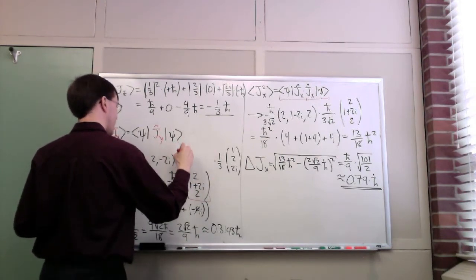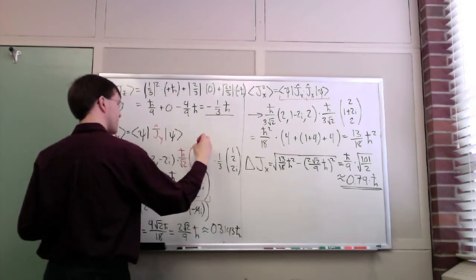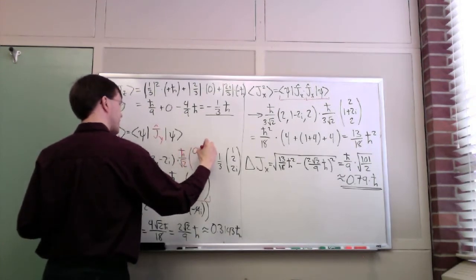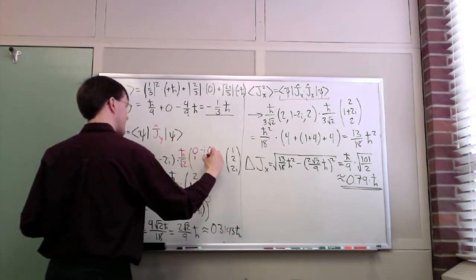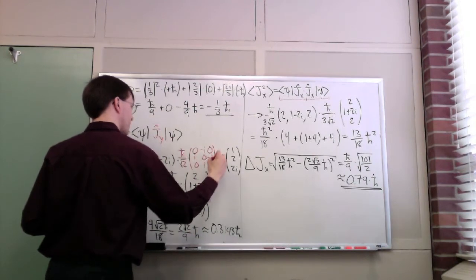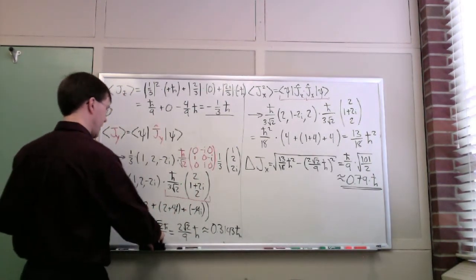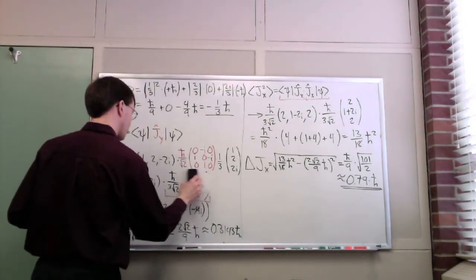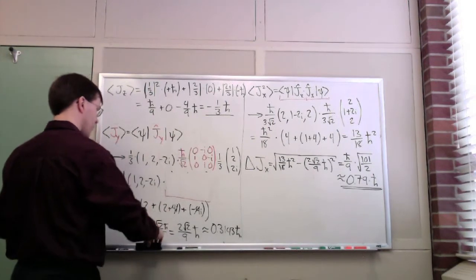I've got h bar over square root of 2 times the matrix 0 minus i 0, i 0 minus i, 0 i 0 in that space. And so I can do this product. When I do the product, this term will change. I'll do the second part first.